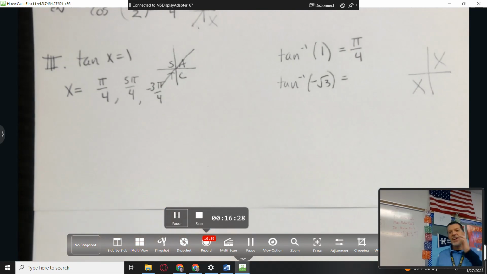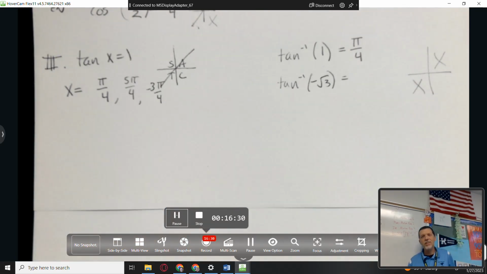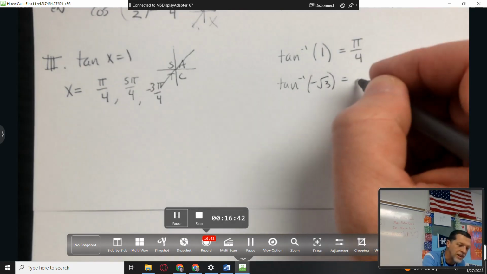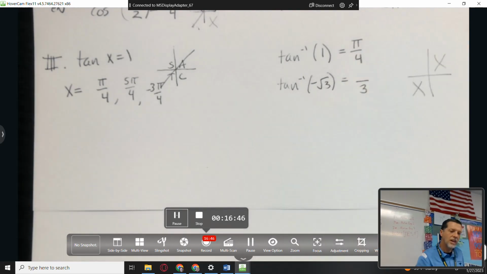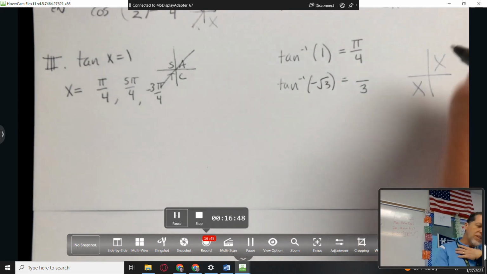Because tangent's negative in the second and the fourth. This is where the people that memorize the tangent 3 trick are at a little bit of an advantage, because they know that if the answer is root 3, the denominator is going to be 3. 3 is the steep angle.